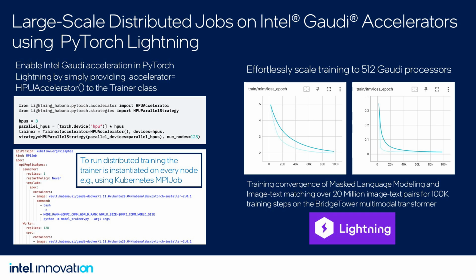And when we set up the trainer class for the accelerator, we just need to specify the HPU accelerator. So that's pretty much the only change we need for taking any standard PyTorch Lightning training recipe and getting it running on Intel's Gaudi platform.